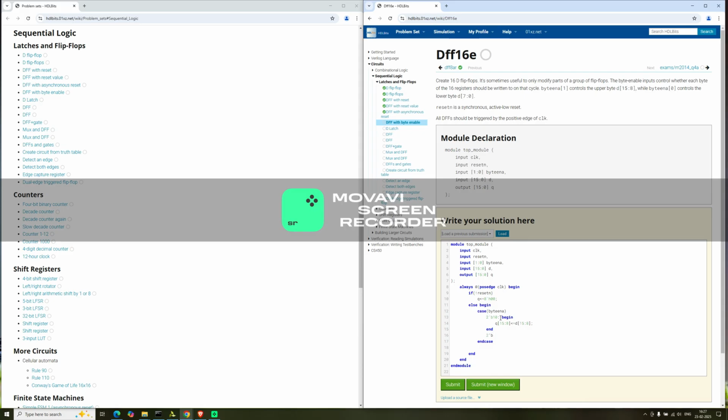For the other condition 0, 1, in a similar way, D[7:0] will be transferred to Q[7:0]. Third condition, if both are 0.